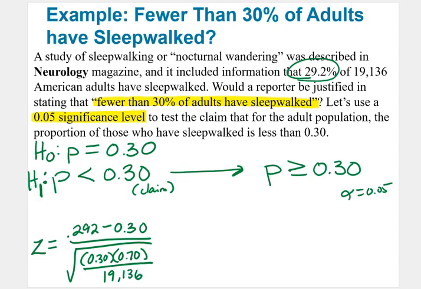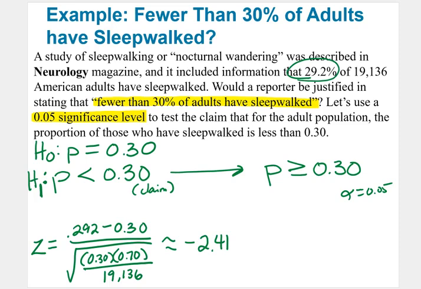All right, so I put all that in my calculator, and if I round it, I should get negative 2.41. Again, very important that you know how to put everything in your calculator and get this value. So please practice with your calculator.